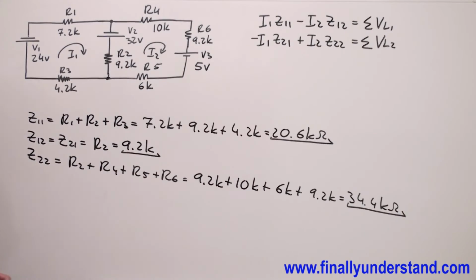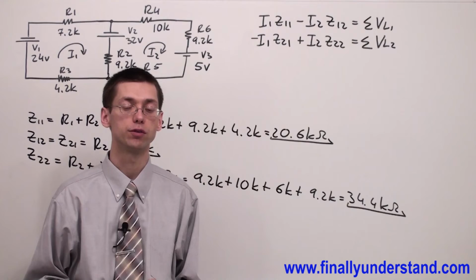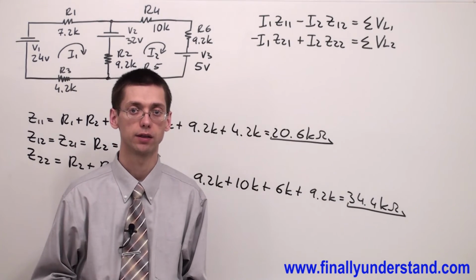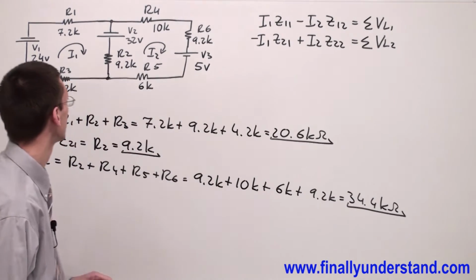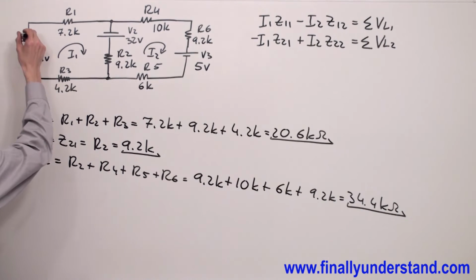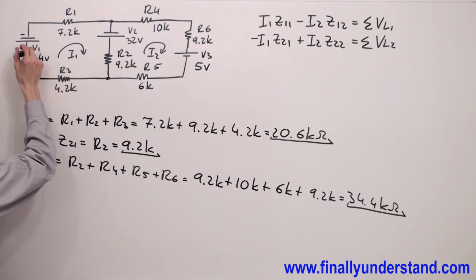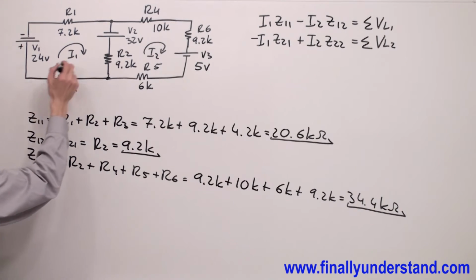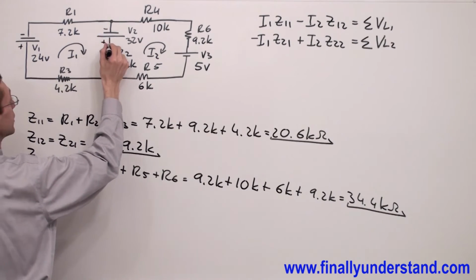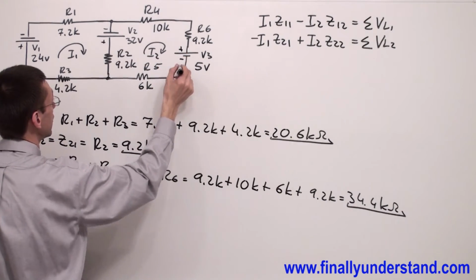Next, we're supposed to find the sum of the voltages in loop 1 and loop 2. Please keep in mind that the short bar of the power supply represents the negative terminal and the long one represents the positive terminal. So I'm going to have negative, positive, and positive and negative.